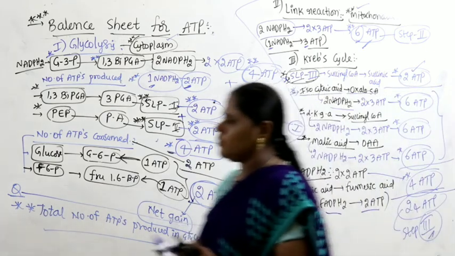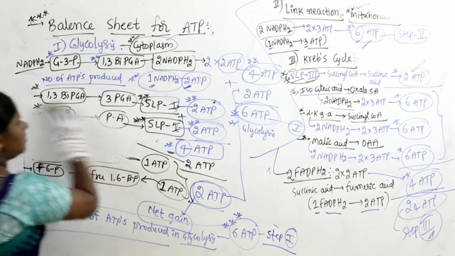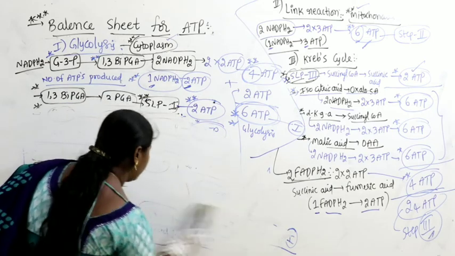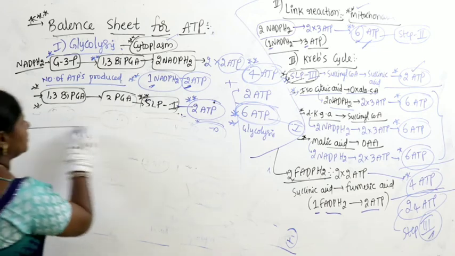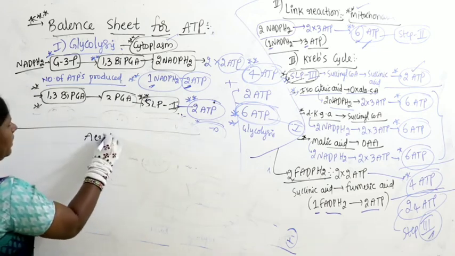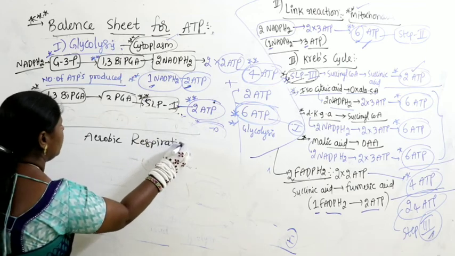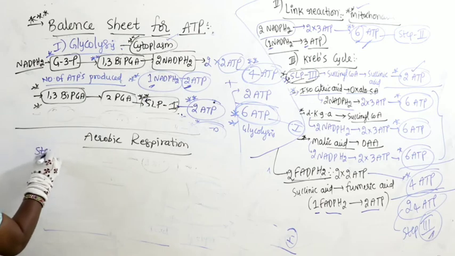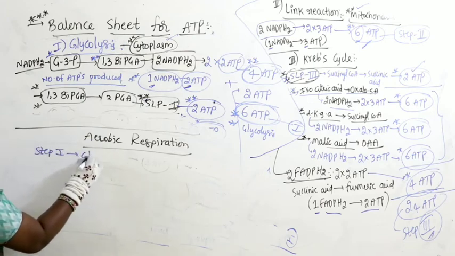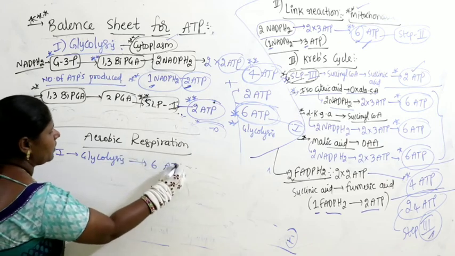After this you write the total balance sheet of ATP. Now take step 1, step 2, step 3. So in the total aerobic respiration, what do we do now? Step 1 is what? Glycolysis. How much ATP? 6 ATP.